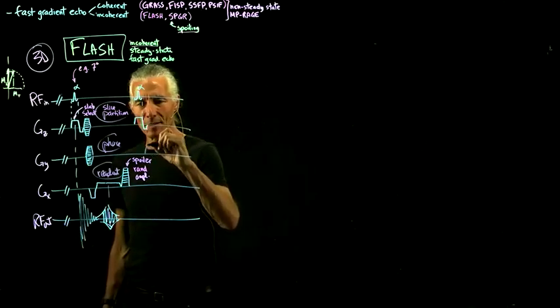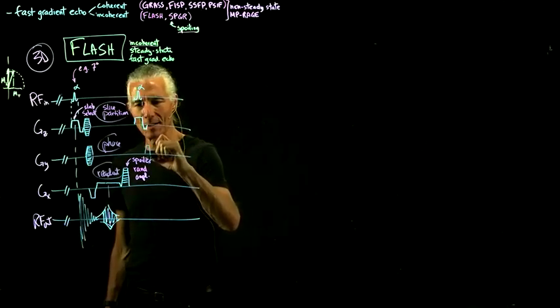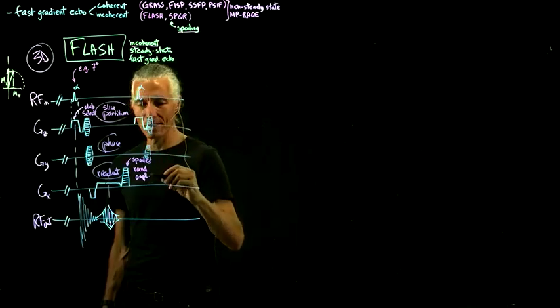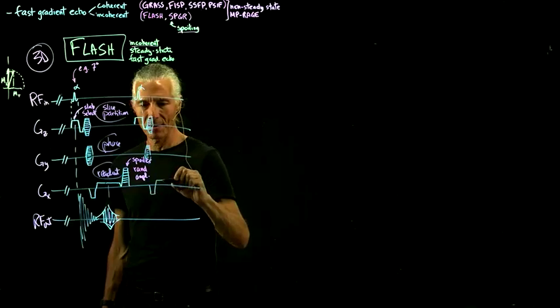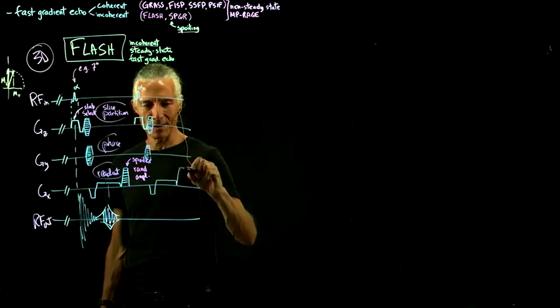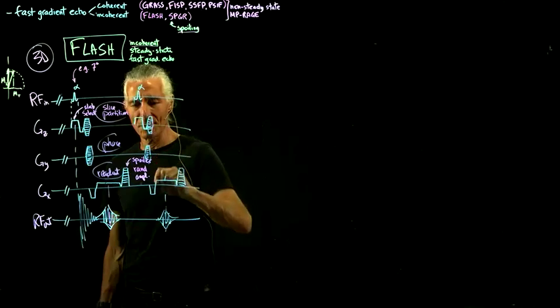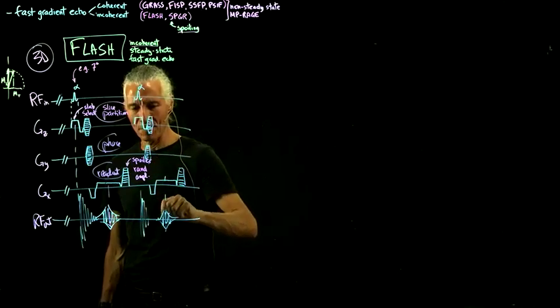And so now you have another guy here, another one here, and again, it's very fast. And another readout here, and another spoiler here, and another echo here, and another FID here, which we're ignoring.